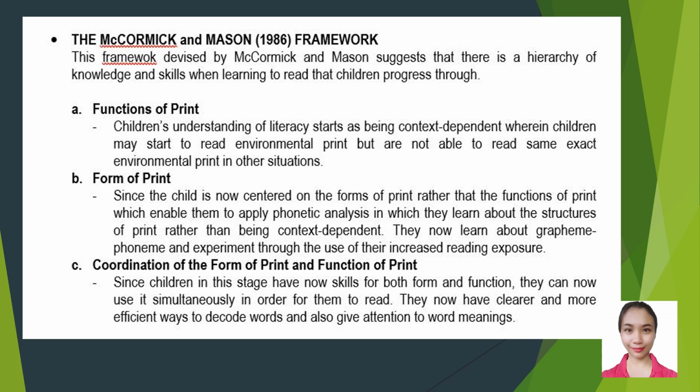So, the first level is the function of print. The perception of literacy by children is context-dependent, specifically closely connected with the environment in which the print occurs. They begin to read environmental prints like street signs, but in various circumstances, they might not be able to read the same words.